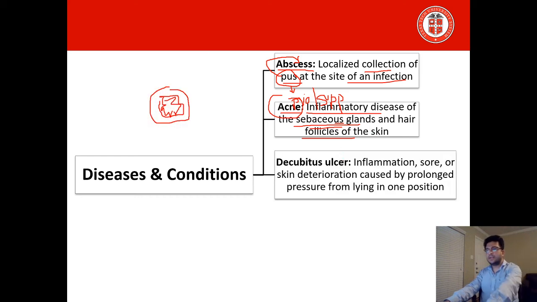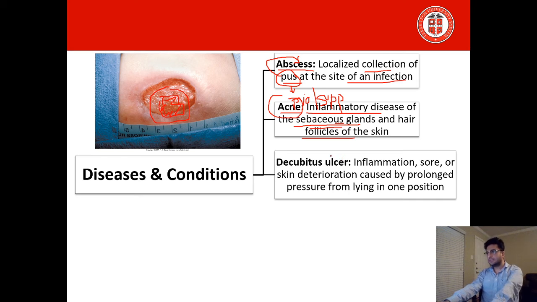Now the third one is the decubitus ulcer. Now the important thing about this ulcer is that it is due to pressure from lying in one position. And you can see it here that it's just because we are continuously moving, so our blood is flowing, and that's why any area won't get dry.